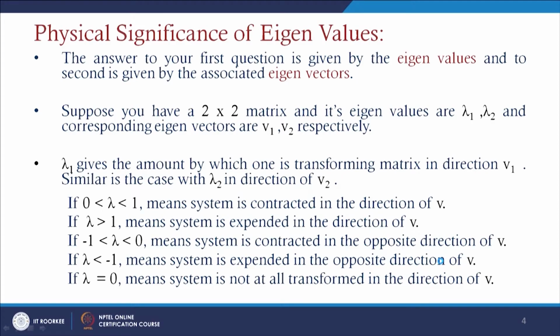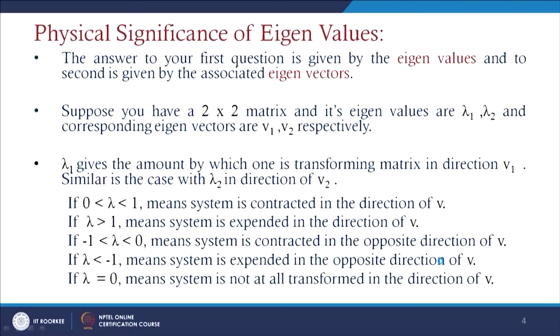Suppose you have a 2 by 2 matrix and its eigenvalues are lambda 1 and lambda 2, and the corresponding eigenvectors are represented as V1 and V2. Then it can be represented in terms of a vector, V equals lambda 1 V1 plus lambda 2 V2, which is expressed as a linear combination of V1 and V2.